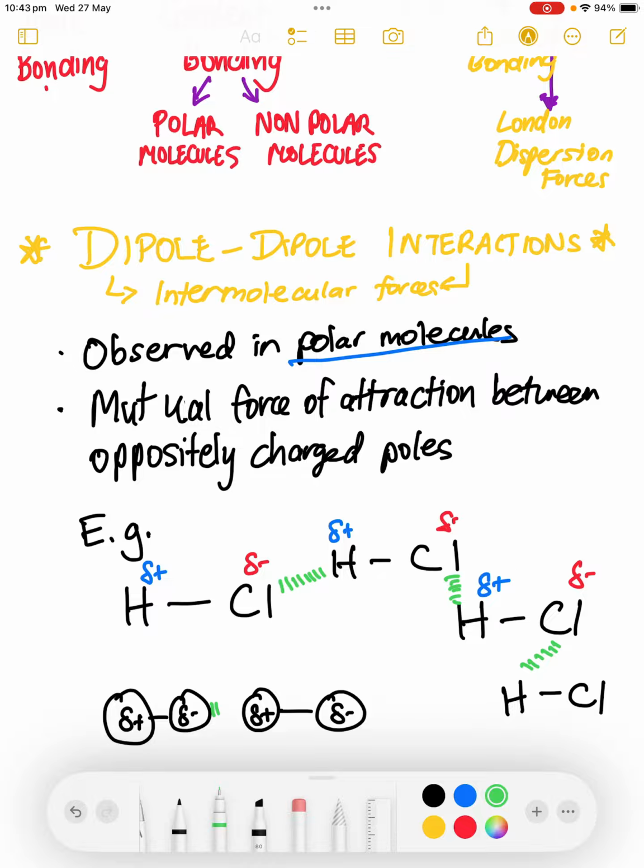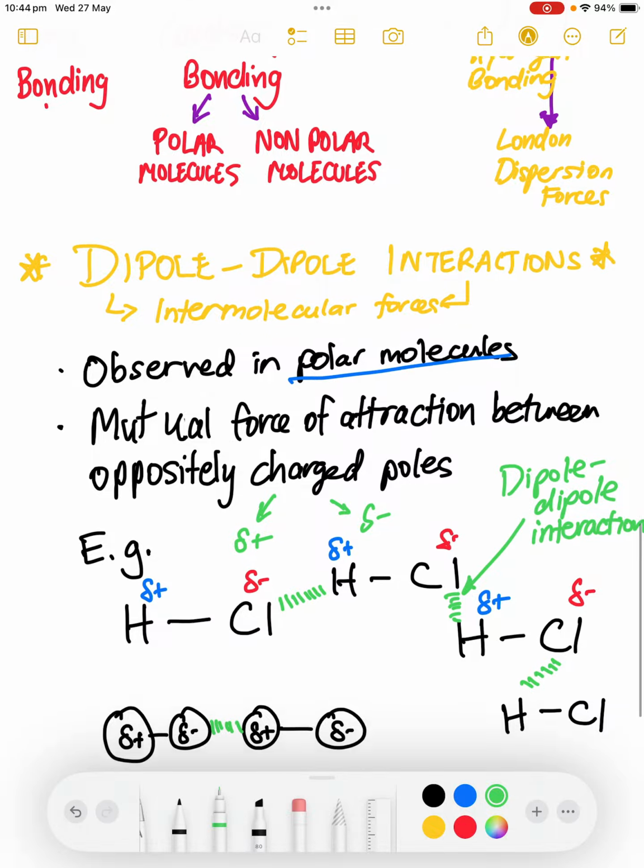There is that dipole-dipole interaction between there. And I'm just going to put a side note here that this is a dipole interaction. All right. Key thing, observed in polar molecules, and it's a mutual force of attraction between two oppositely charged poles. Okay. And what are your two oppositely charged poles? You've got delta positive and a delta negative.